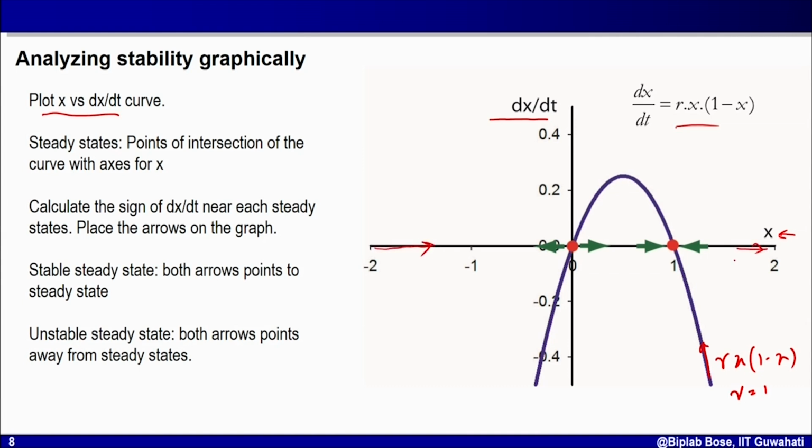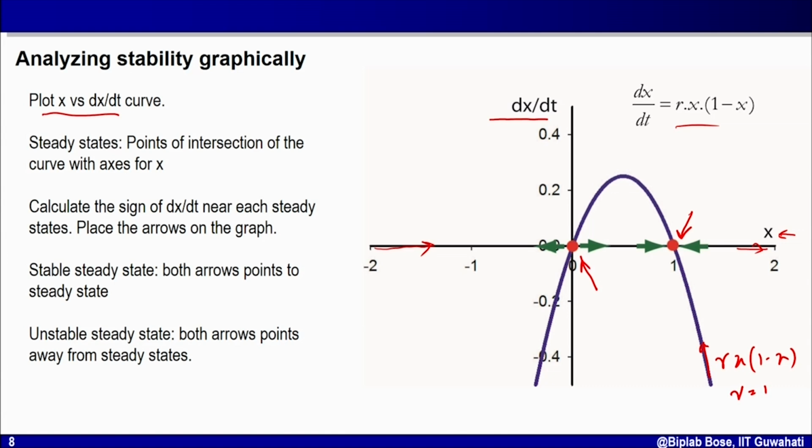In all this horizontal line, the axis, dx dt is equal to 0. So that means all the points where this blue curve intersects the horizontal axis are the steady states. So the one intersection point is this one, the red dot I have shown. The other intersection point is this one.